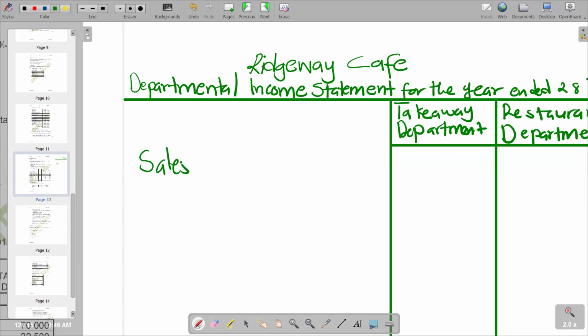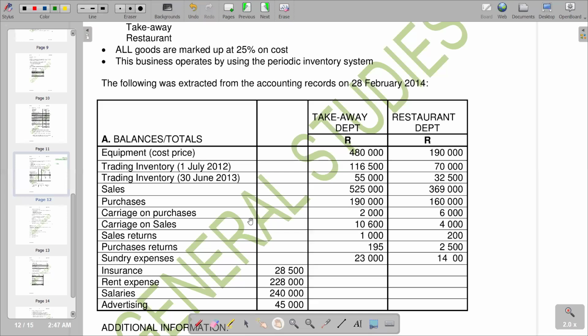Then we can go to the question to see what sales figure we have for the respective departments. Here, for the takeaway department the sales figure is 525,000, and for the restaurant it is 369,000.